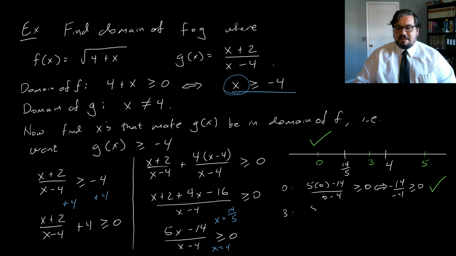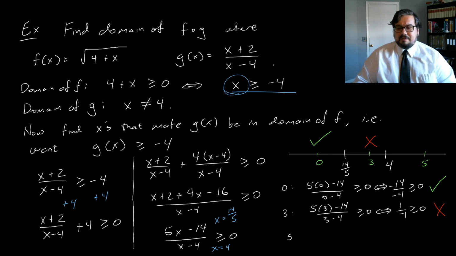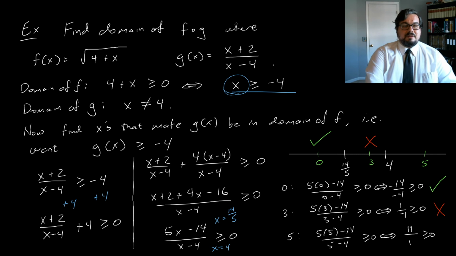Now if we plug in 3, we get (5 times 3 minus 14) over (3 minus 4) is greater than or equal to 0, which tells us that 1 over negative 1 is greater than or equal to 0. That's false, so we get rid of that part. Then if we plug in 5, we get (5 times 5 minus 14) over (5 minus 4) is greater than or equal to 0, which is 25 minus 14 is 11, over 1, greater than or equal to 0.